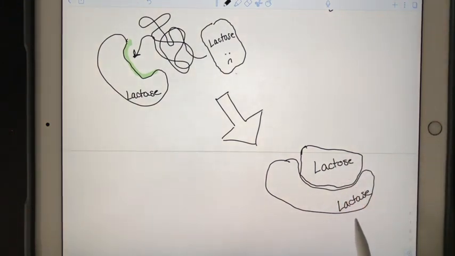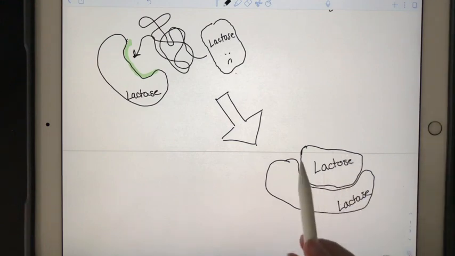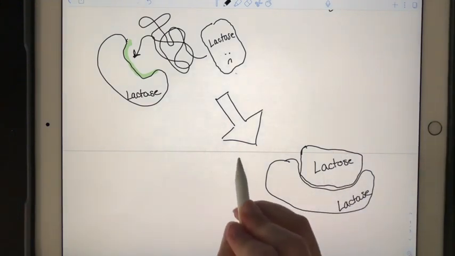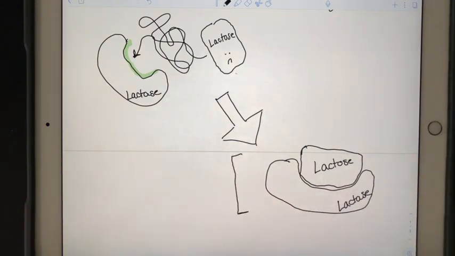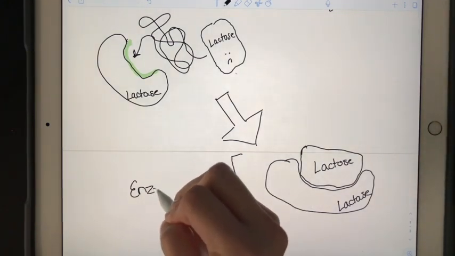Right, so our lactase is hanging on to our lactose. When it's in this conformation or this shape, we call this the enzyme substrate complex.